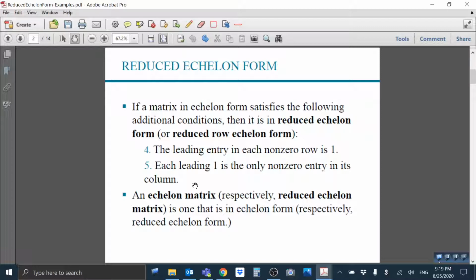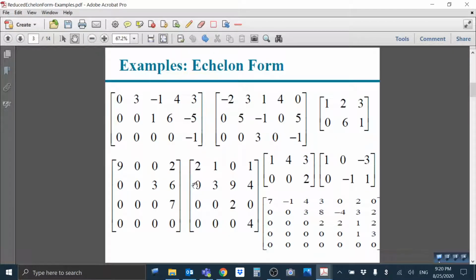Very nice, easy. So let's see some examples to actually figure this out. So we start with an example here, the first matrix in the left corner. I hit the first row, my leading entry is 3. Beautiful, I have my leading entry, let's identify it. My leading entry 3, gorgeous. I'm done with the first row.